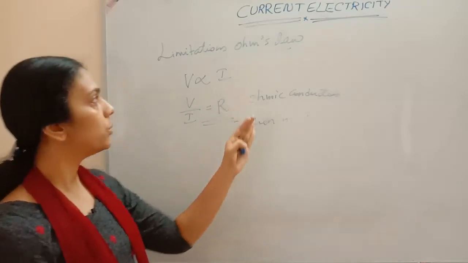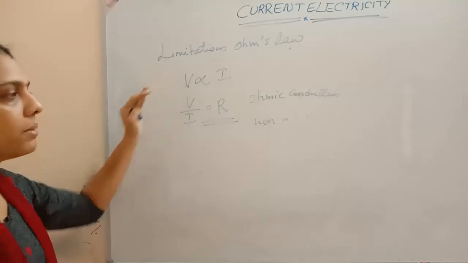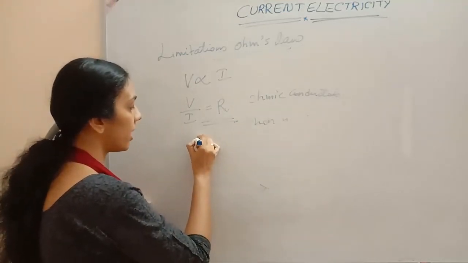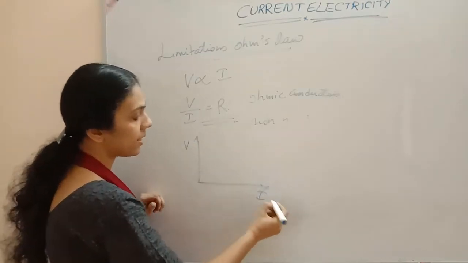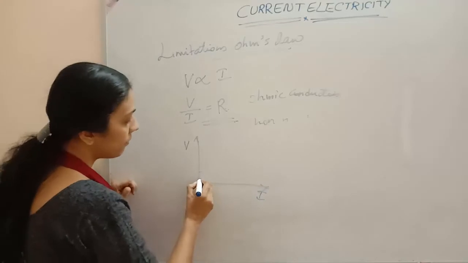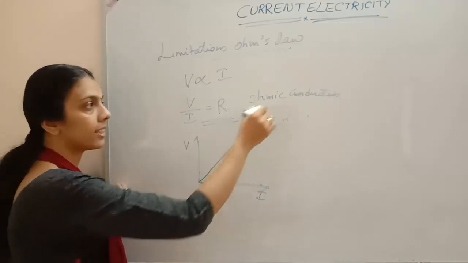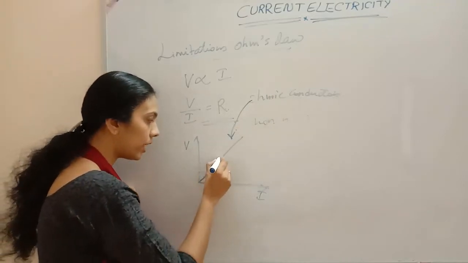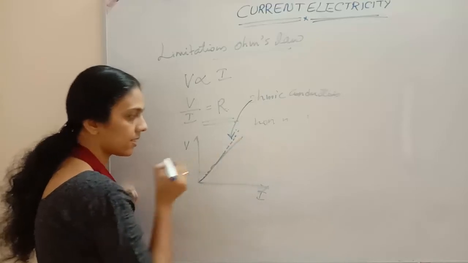So today we are going to study the limitations of Ohm's law. Here V and I are proportional, right? In the VI graph, we will get a straight line in the case of ohmic conductors. But if it is not obeying Ohm's law, it won't be proportional, and we will get a graph like this.